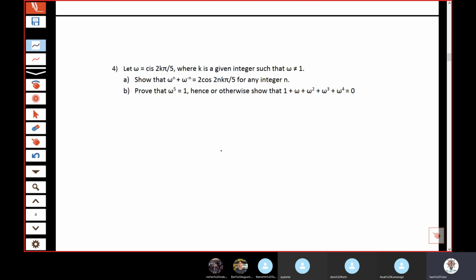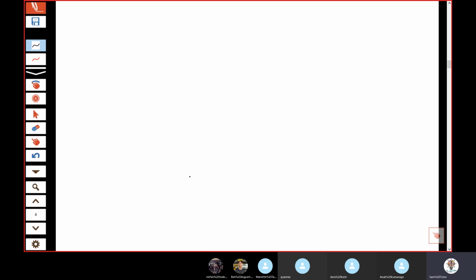And here, look, again, show this. Otherwise, you just do the other method if you want. It's just geometric, there's 5 terms. W to the power 5 equals 1 already. Done. Easy? Easy.